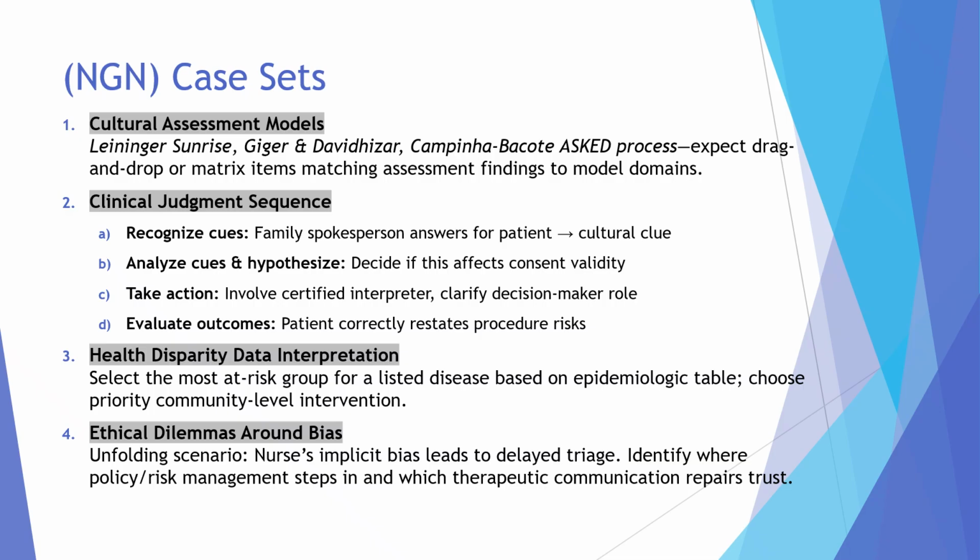The clinical judgment sequence, they have 4. First, recognize the cues, which is a family spokesperson answering for the patient, a cultural clue. Second, analyze cues and hypothesize: decide if this affects consent validity.